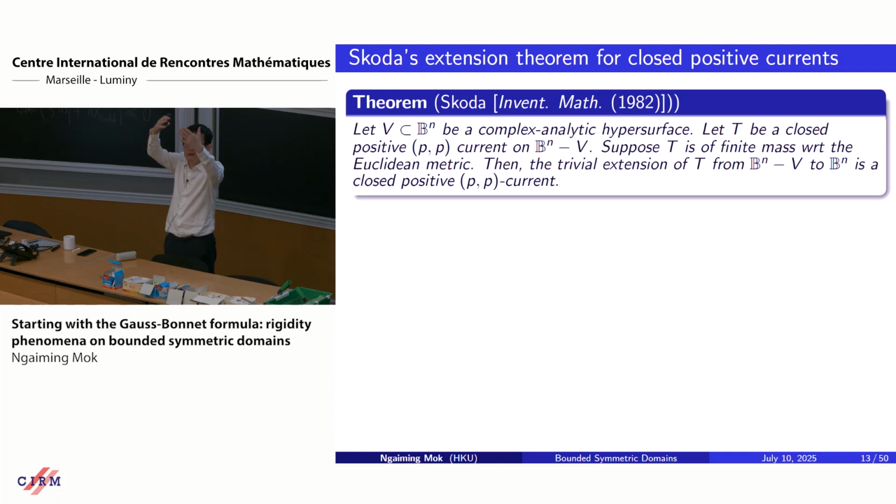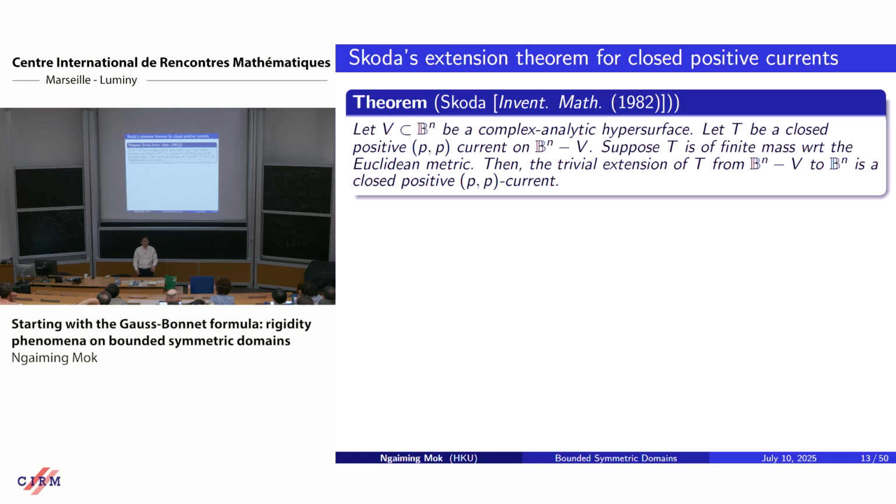Bishop's extension theorem is proven in a very different way. It's about the topological closure of some subvariety across a hypersurface. So you take the topological closure, and provided that the volume is finite, then the topological closure is complex analytic. And how does it relate to the current extension theorem?